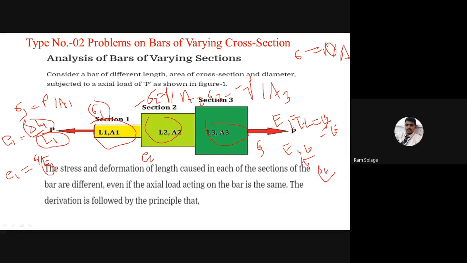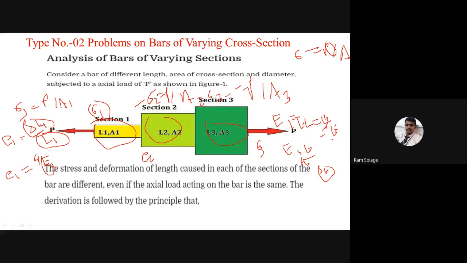Keep in mind, if in the examination they are giving E common for all sections, we take only E. But sometimes they are giving sections made of different materials. Then, depending upon the material, the value of E should vary, and in that problem they are giving different values of E for steel, cast iron, and carbon material. According to the material, we have to take the value of E.